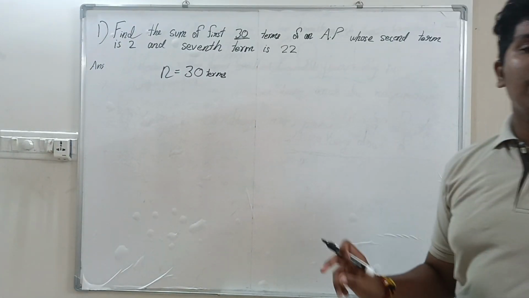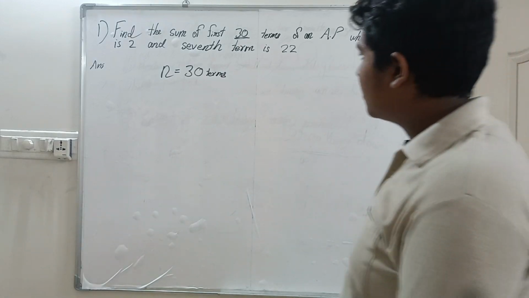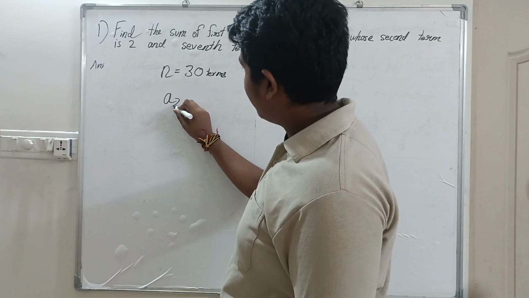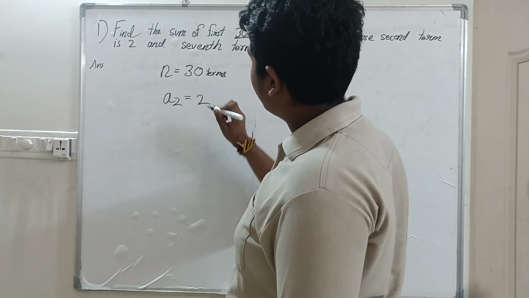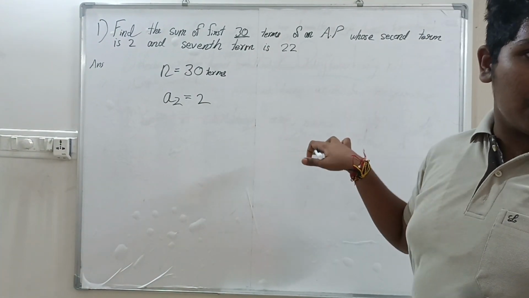What do you mean by second term? A2, right? So A2 is 2 and seventh term is 22.